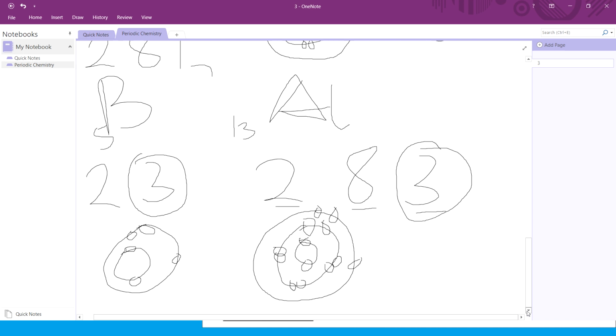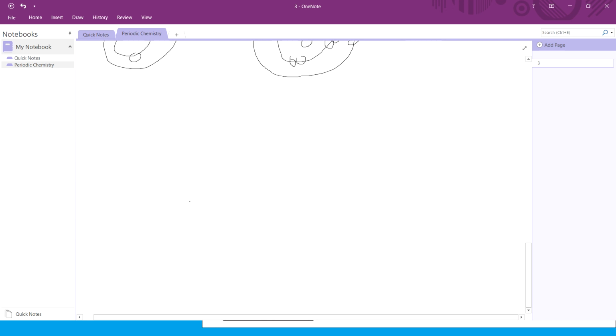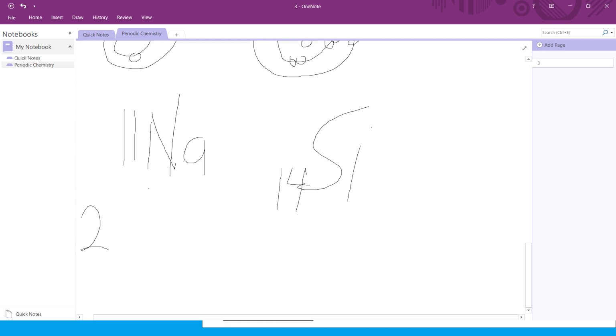Sodium is 2, 8, 1 and silicon is 2, 8, 4.